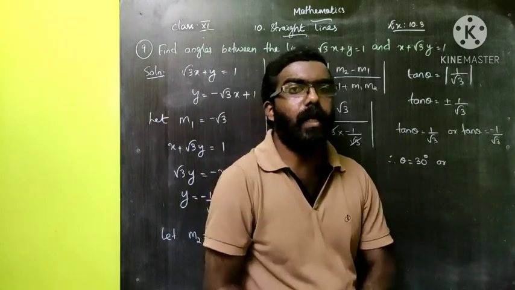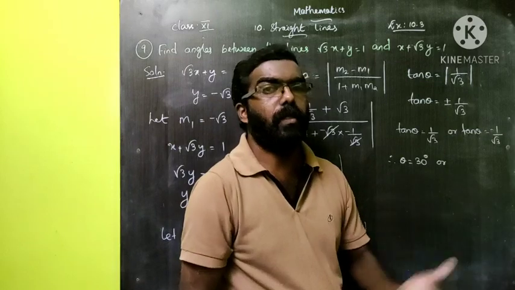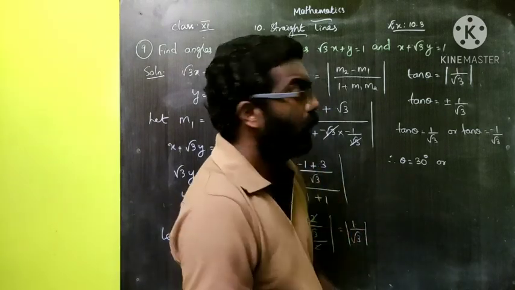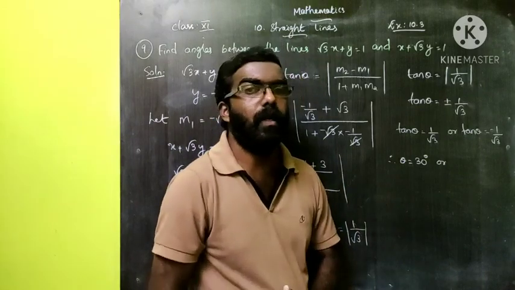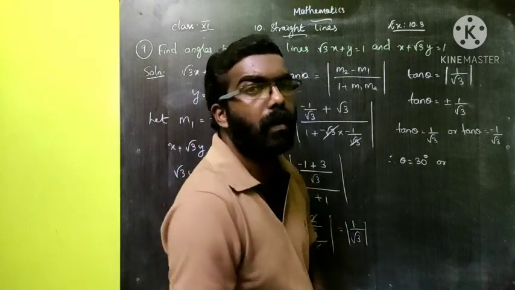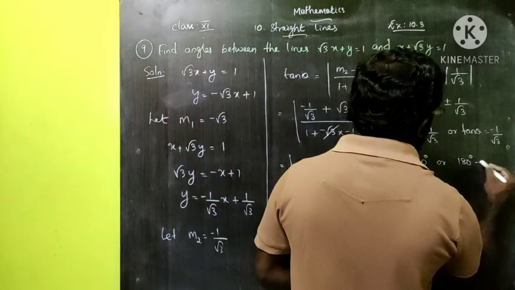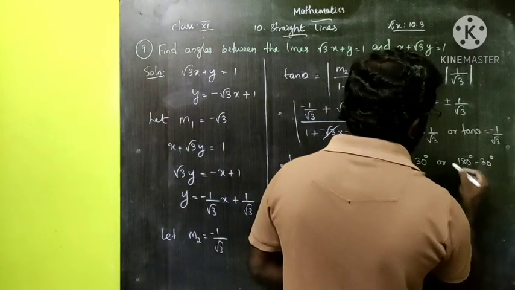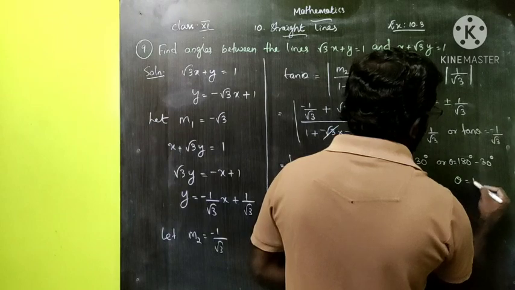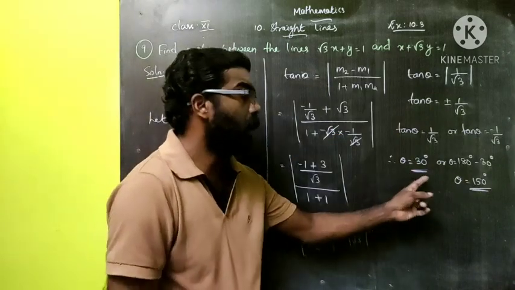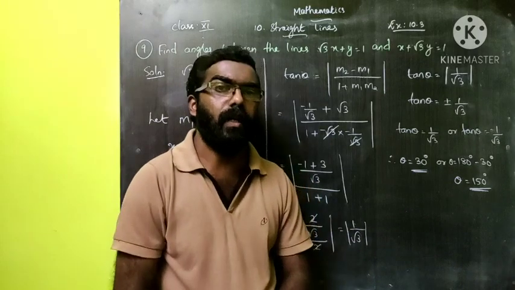Second one, tan theta is minus 1 by root 3. That means tan theta is negative. So we can consider the second quadrant. And in order to get the value in the second quadrant, we write pi minus theta. That is 180 minus theta. So 180 degree minus 30 degree gives 150 degree. So the angles are 30 degree or 150 degree.